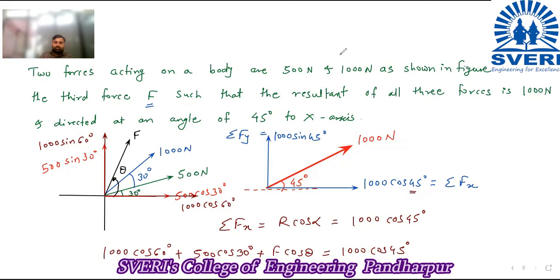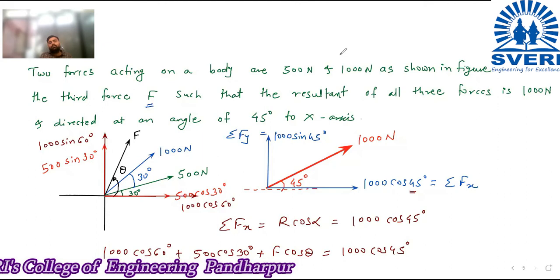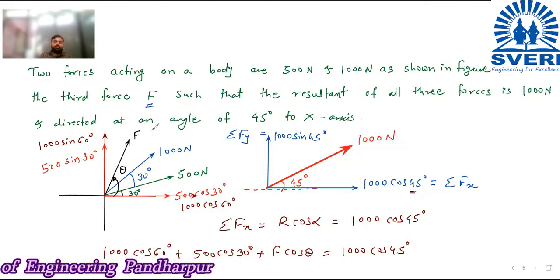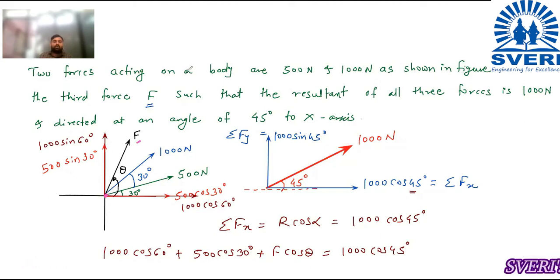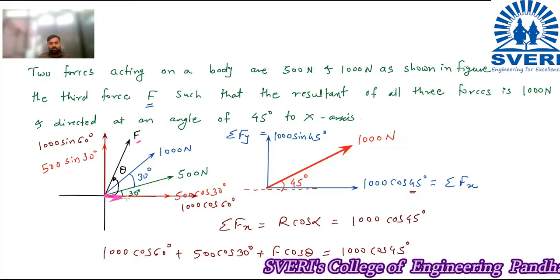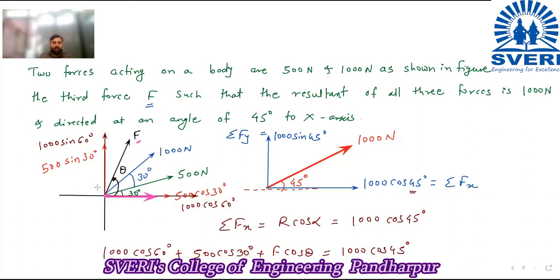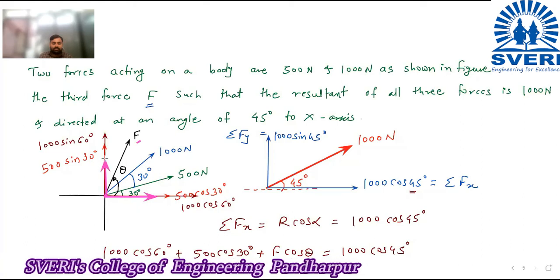Okay, those who have not understood how I have taken F cos theta, for them I will once again show this thing. See, this is the force F, this is the point of contact, this is the inclined force. So again you have to resolve this force. One component is parallel to the x-axis, and another component is parallel to the y-axis.